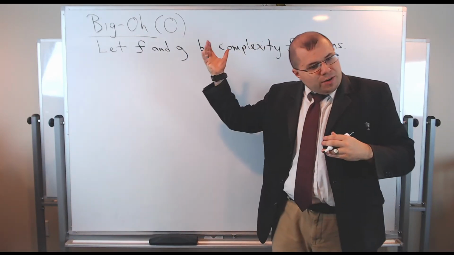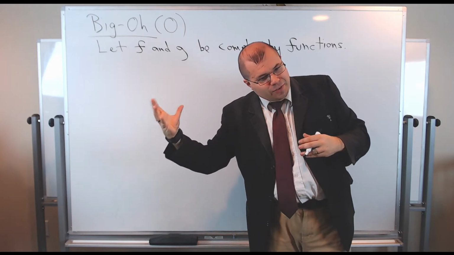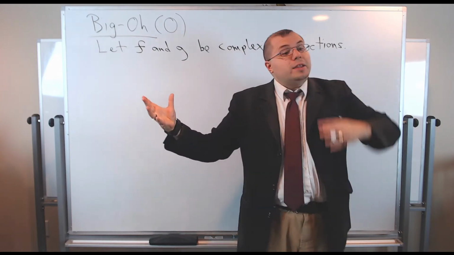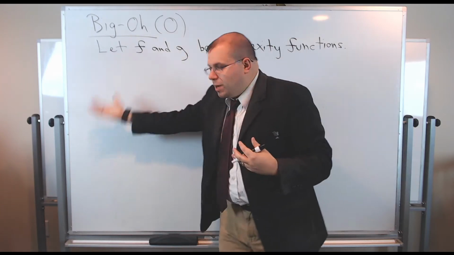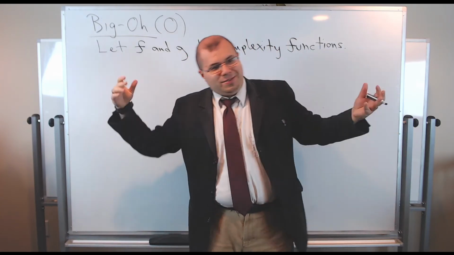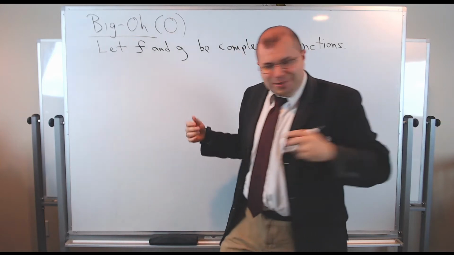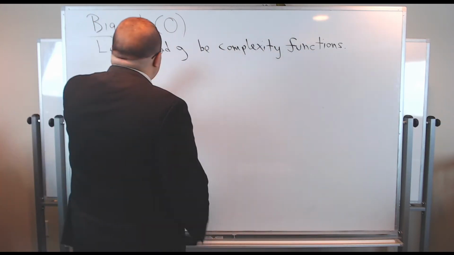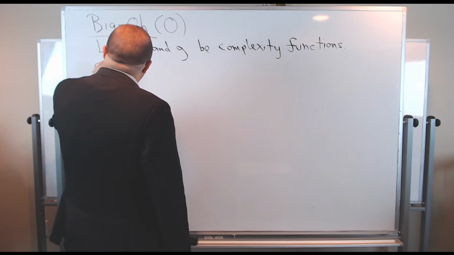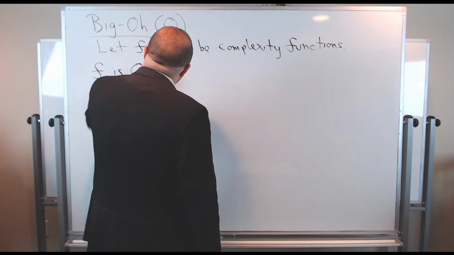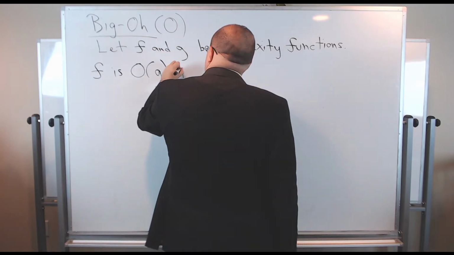That means whatever I say on the left side of the if and only if, if this is true, then the other side must be, and these are naturally equivalent statements. So if one side is true, the other side is true; if one side is false, then the other side is false. Gotcha? So the point here is that I'm going to say F is big O of G if and only if.